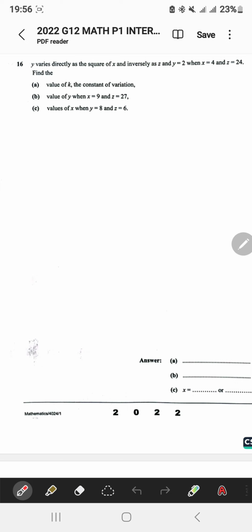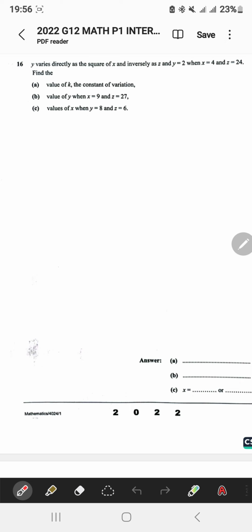With me, I've got a question based on variation, and the question reads, y varies directly as the square of x and inversely as z, and y is equal to 2 when x is equal to 4 and z is equal to 24. So the first thing we are supposed to do is to understand the keywords.